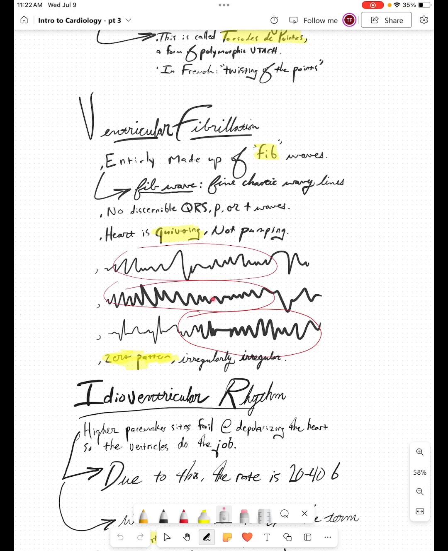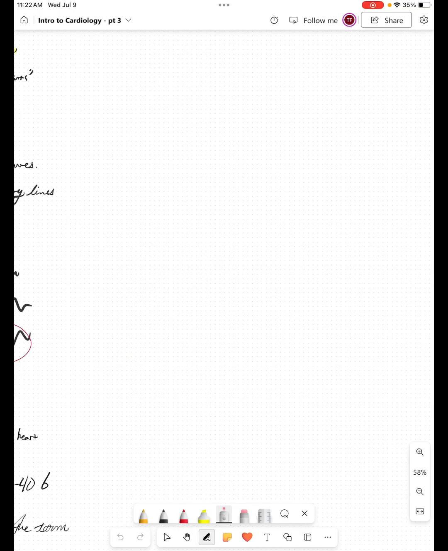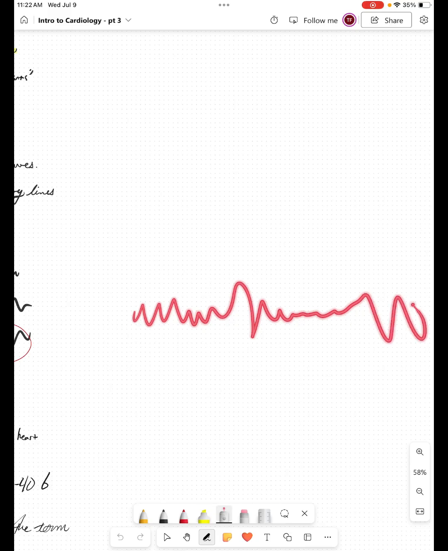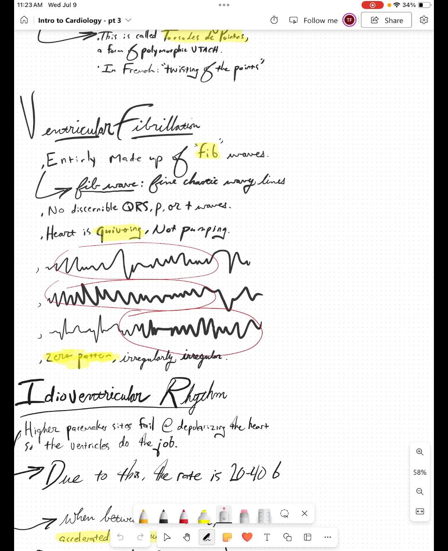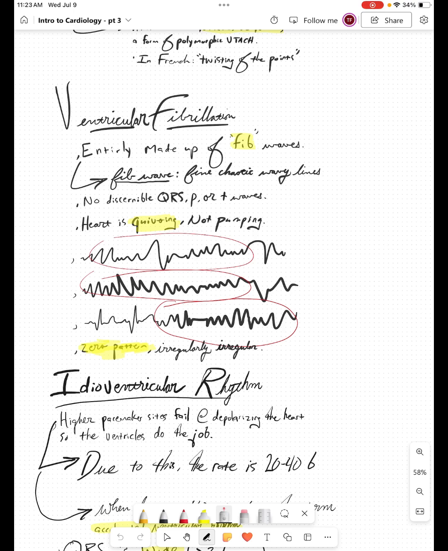You could have what's referred to as fine VFib, or you could have coarse VFib. Fine meaning smaller, finer lines, coarse meaning choppier, larger lines. There is zero pattern, and so that means it is irregularly irregular.